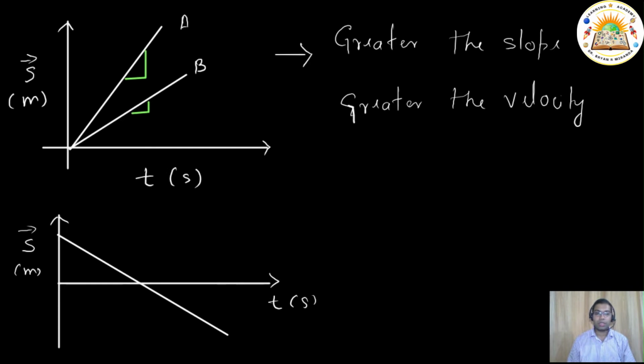Now here if you see, the angle that is measured is greater than 90 degrees. So theta, I will take, theta is greater than 90 degrees. So what is the meaning of this? Now here if you see, the slope that is there is a negative slope. The slope that we get here is a negative slope.